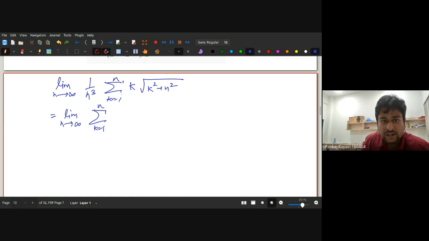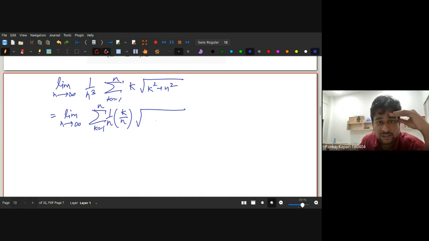So just divide the whole thing by this n cube, take n cube inside, and then you can write one factor of n here, and then another factor you can take inside the square root. Okay, so we will write one more term here, 1 by n, and then take the third factor inside.